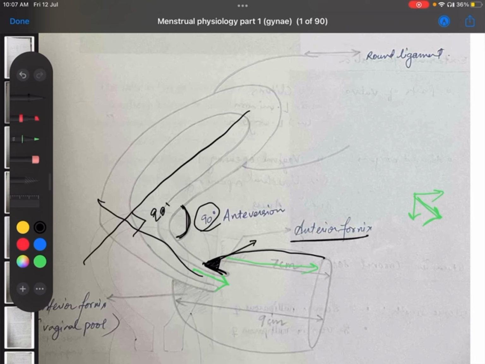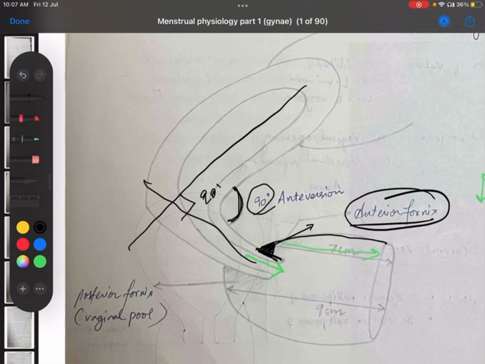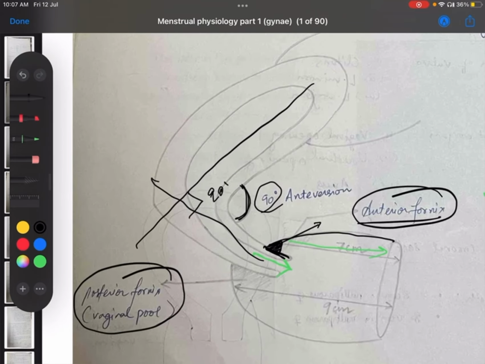The one in front, the 7 centimeter side, is the anterior fornix, and the one at the back is called the posterior fornix. This is also called the vaginal pool because the sperm mainly gets deposited here, most of the time, and is picked up through this path.